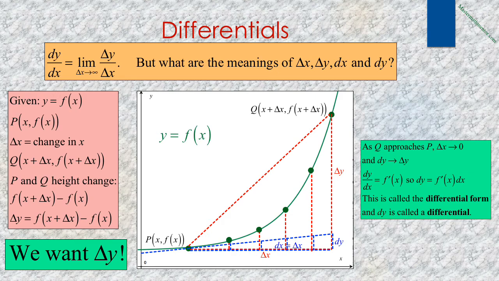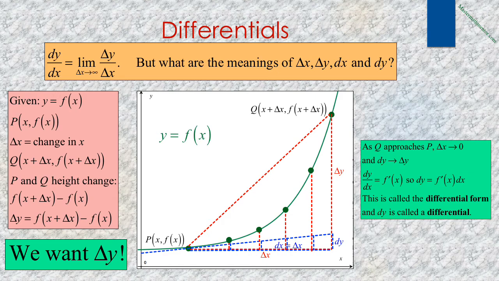We will find that sometimes it can be very difficult to calculate the important delta y, which we said is what we're interested in. But dy is an approximation for delta y, and that is easy to calculate. We know that dy/dx equals f prime of x, so cross-multiplying we get dy is equal to f prime of x dx.